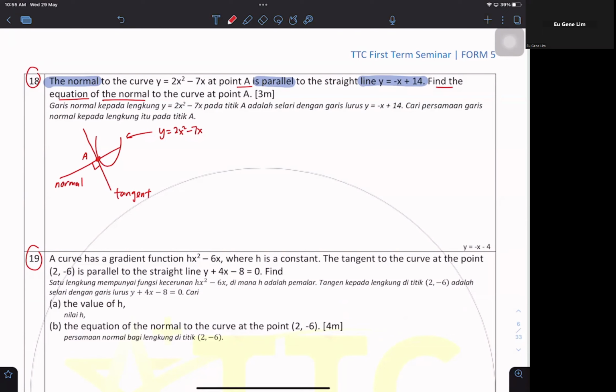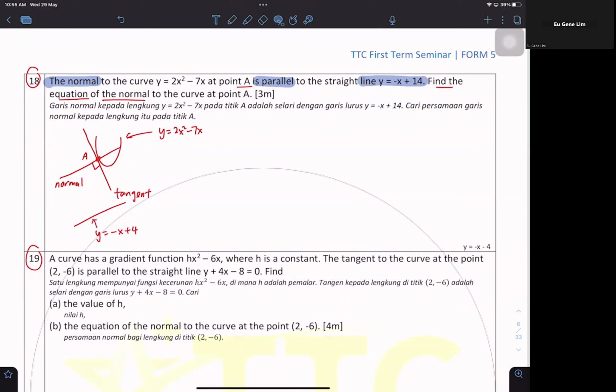Now the normal is parallel to another line. So it means there's another line, right? Where is this another line? I tell you what, you just simply draw here. This line is y equals negative x plus 4.